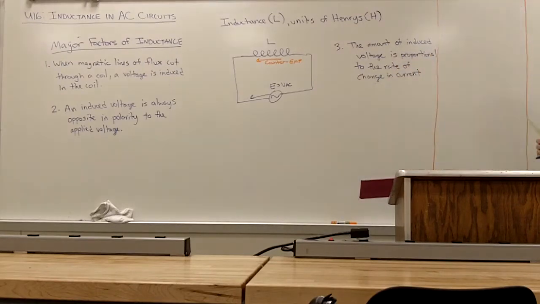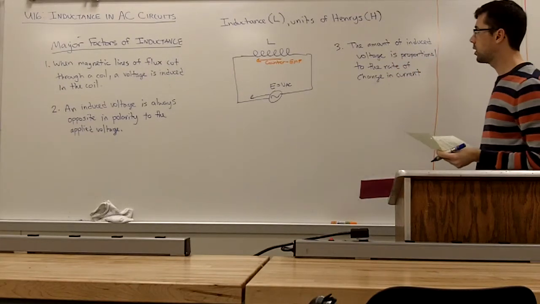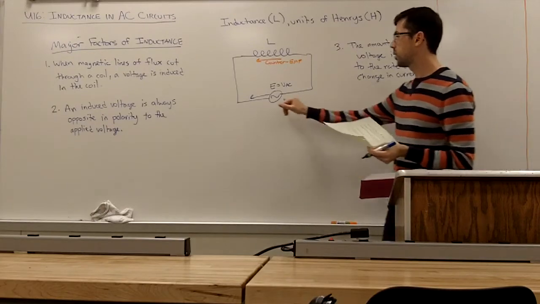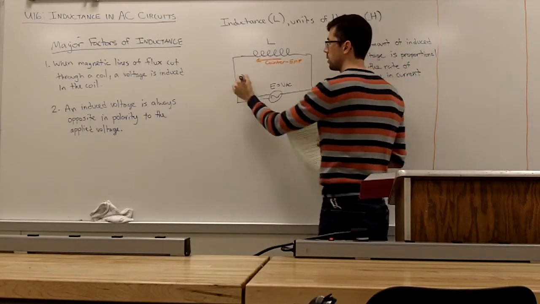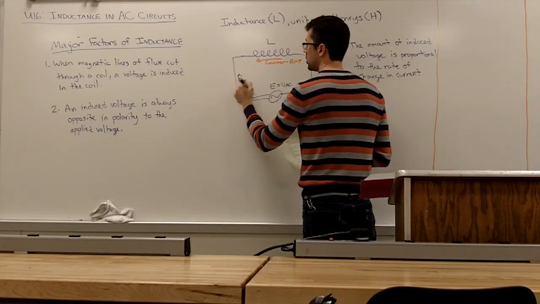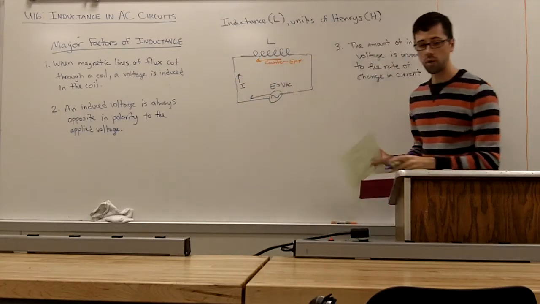So the amount of induced voltage is proportional to the rate of change of current. So that means if the rate of change of our current in our circuit changes faster, this counter EMF will be greater.